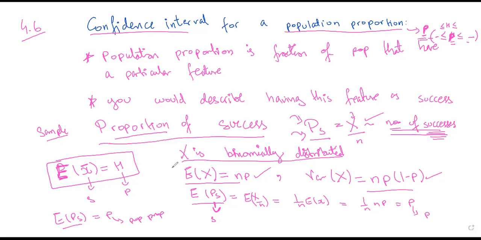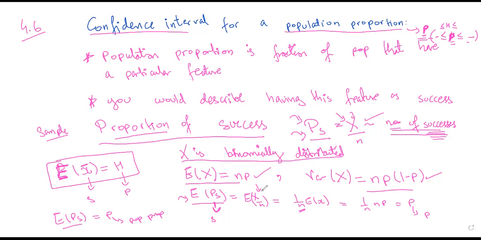But how did we get this? Expected value of P of S equals expected value of X by N. P of S is X by N, so simply we have just used X by N instead of P of S, right? So I can take this N out directly, because I can take out any constant when I'm finding expected value.